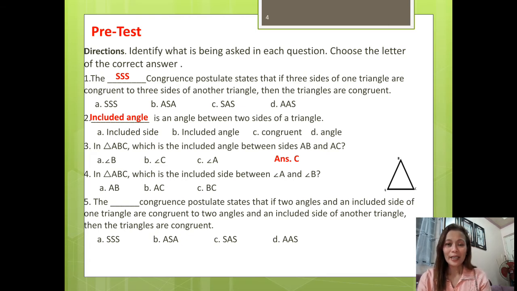Letter A, side AB. Letter B, side AC. Or letter C, side BC. So the answer is letter A, and that is side AB.